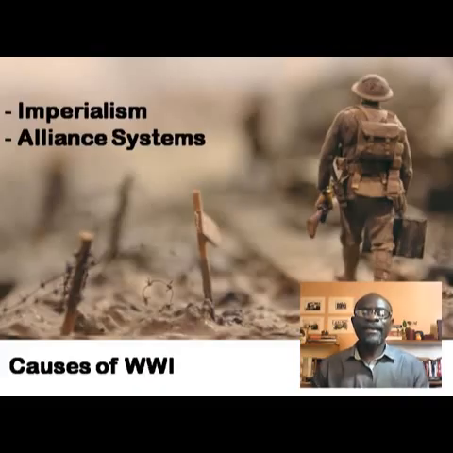So by 1904, Britain and France entered into an entente cordiale, a friendly relationship that would make them stronger and be able to face the incursion of Germans into the continent of Africa.